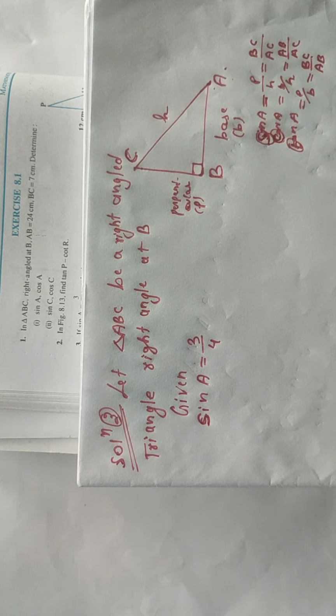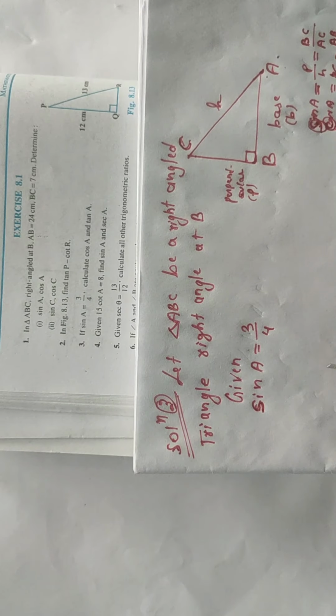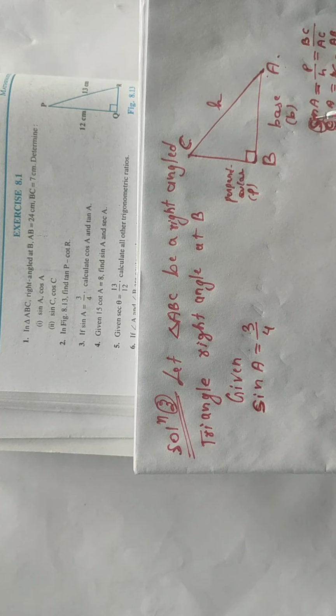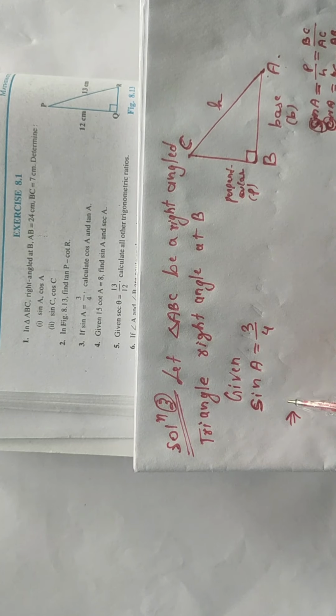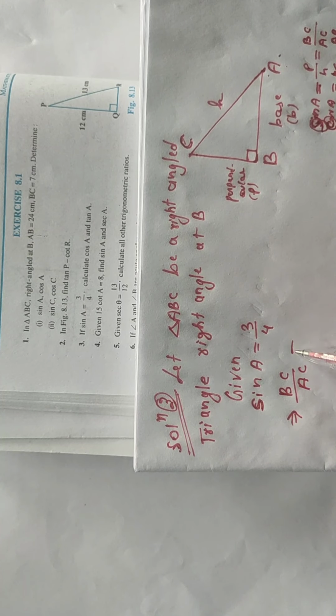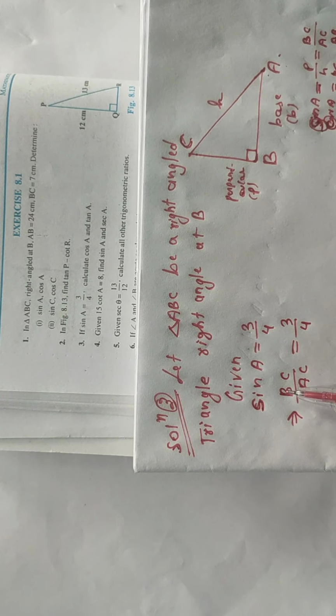Now instead of sin A, what we can write? BC by AC. Now put BC by AC equal to 3 by 4. Now the value of BC is 3, and AC is 4.